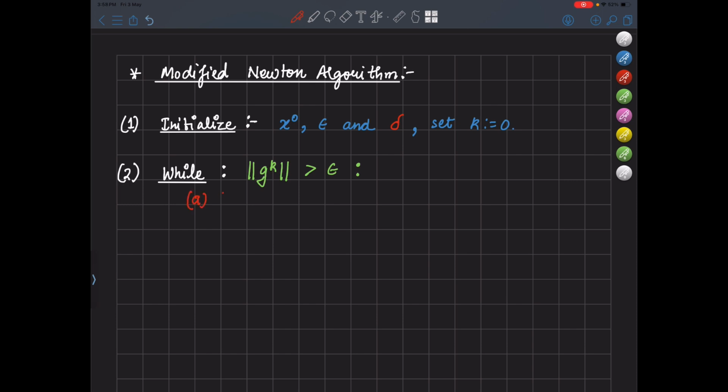So find the smallest xi k greater than or equal to 0 such that the smallest eigenvalue of Hk plus xi k I is greater than delta.